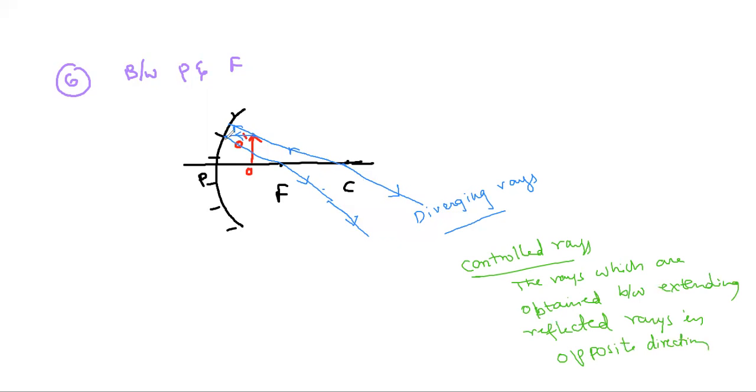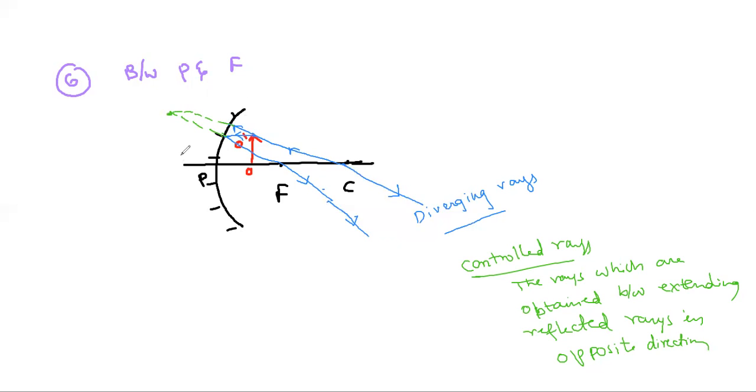So now I am going to extend the reflected rays in the opposite direction. So these are all the dotted lines. So these are all my construction rays.